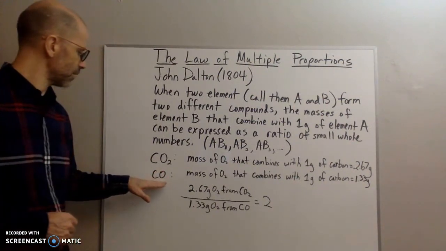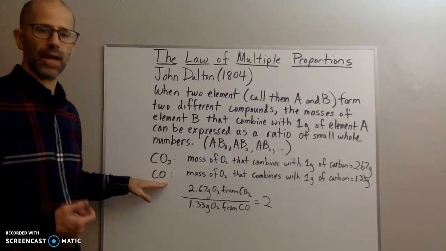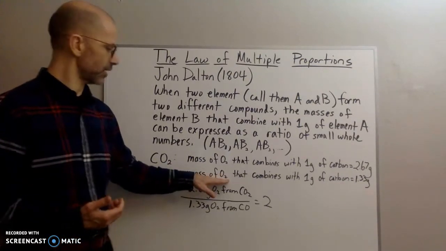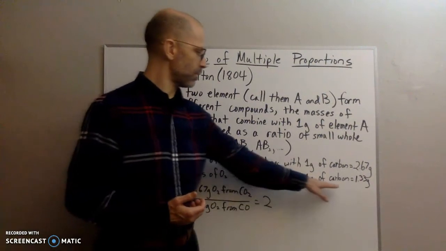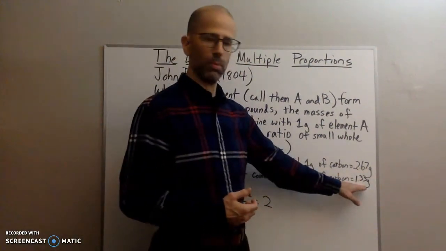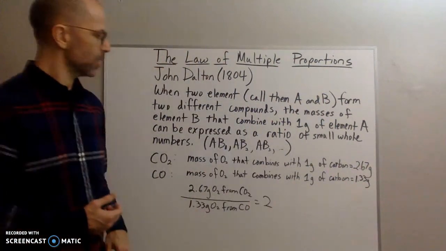Then you do the same analysis of carbon monoxide, and the mass of oxygen that combines with 1 gram of carbon in carbon monoxide is 1.33 grams.